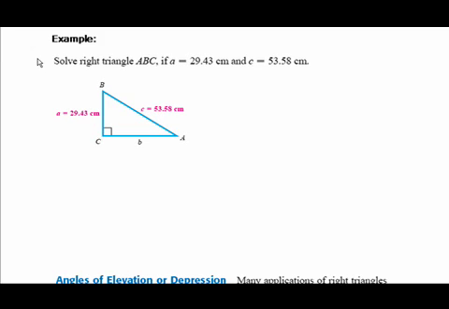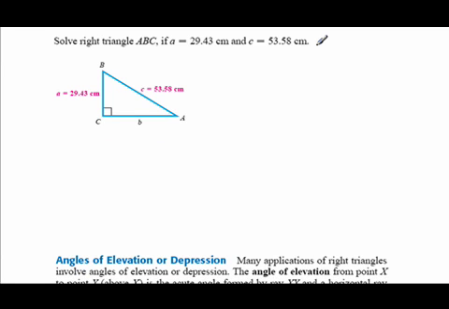I'm going to have you guys try this one. All right, let's start with, you have the choice right now. If you wanted to, you could come up with B really quick. You could use Pythagorean theorem. You could say B squared equals C squared minus A squared.